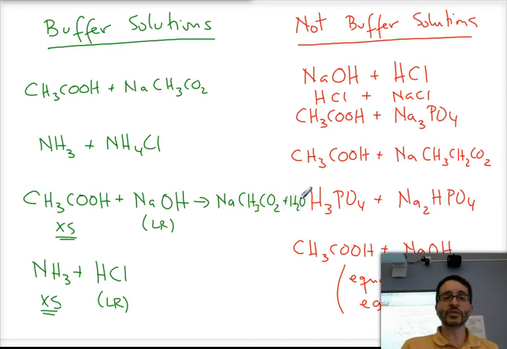Now, in the resulting solution, because the ethanoic acid is in excess, there will be sodium ethanoate and ethanoic acid left behind with no sodium hydroxide, because it will all be consumed. Similarly, in the reaction below, ammonia and hydrochloric acid, if the hydrochloric acid is the limiting reagent, will form a buffer solution.